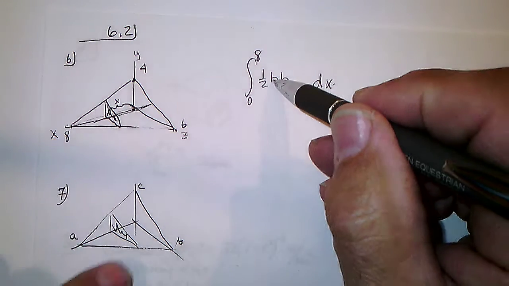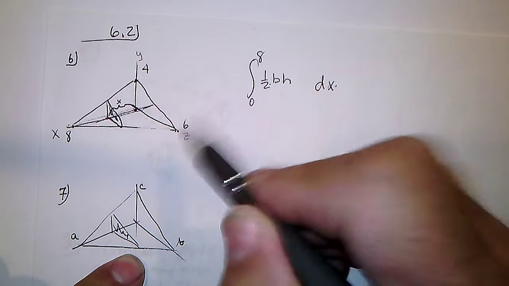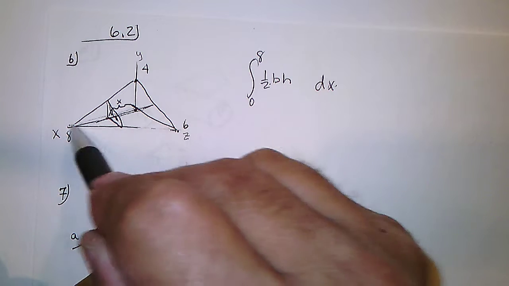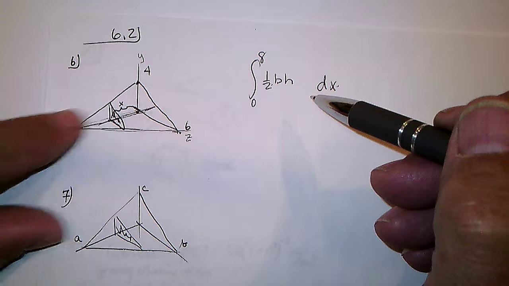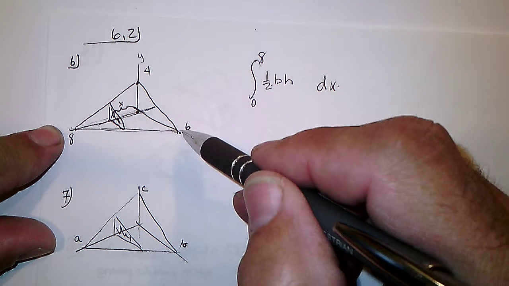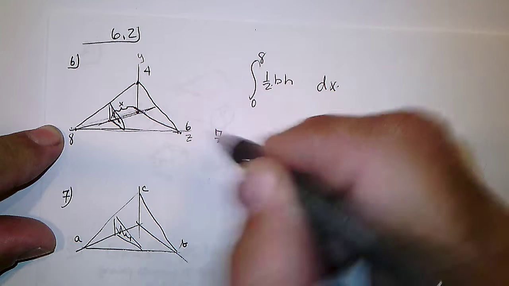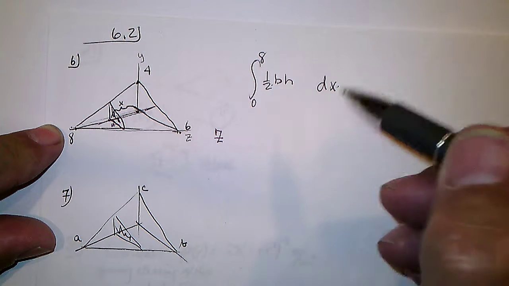So now we have to get the base, which would be this side, in terms of x. This is a z and this is the x. We've got a line that's going like this. If this is the x-axis and this is the z-axis, this is a z here. So the base is z.